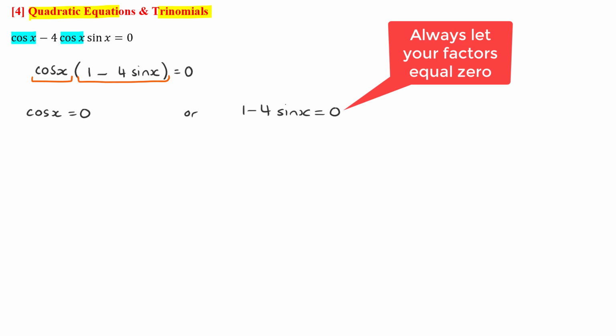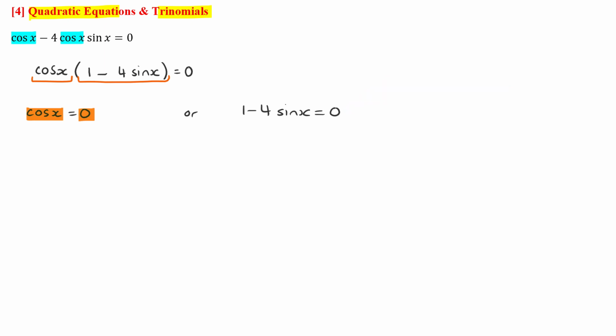Now it becomes easy because, do you see, we've got our ratio equal to a number. That's our goal always. Second one, we've got a ratio and we can simplify it out. So when we simplify this, we'll get that sin x is equal to 1 over 4. In both cases, we've got a ratio equal to a number.